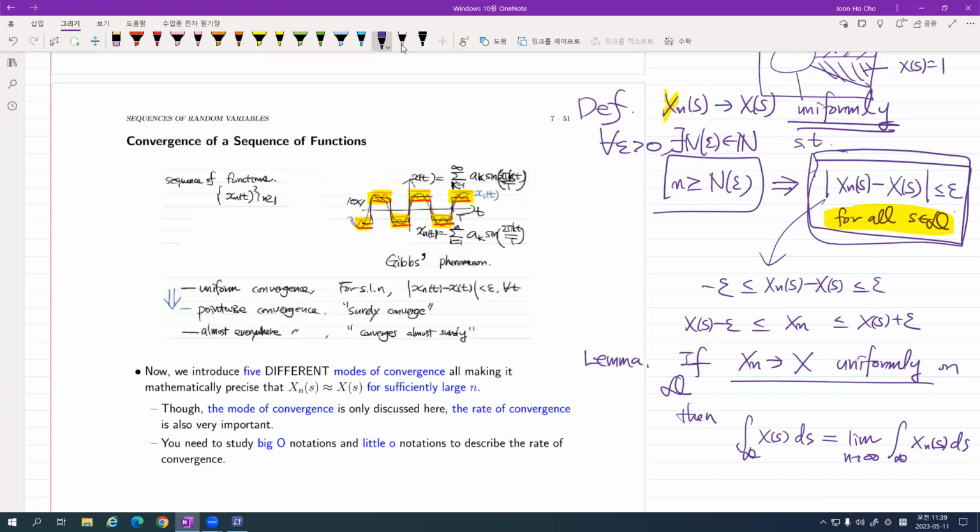That's good. It's very strong, and many of your sequences of functions of interest may not satisfy it. However, if it satisfies the uniform convergence criteria, then you have something very good. Under some mild condition, you can even differentiate x: the derivative of x can be found as the limit of the derivative of the nth function.